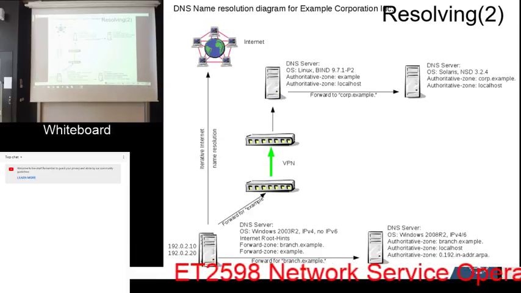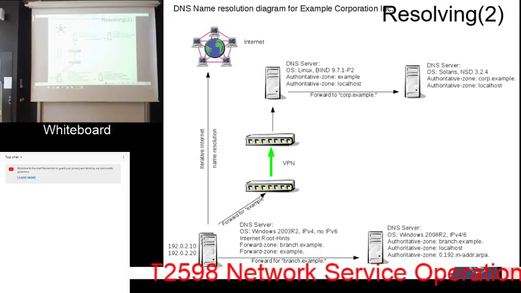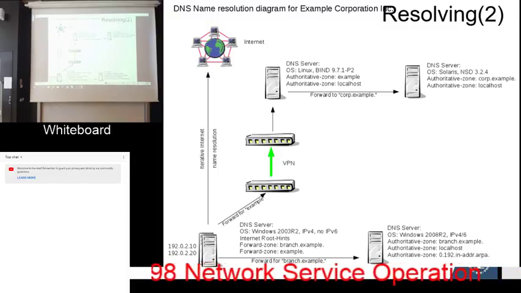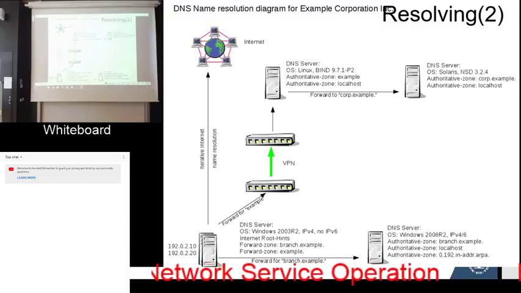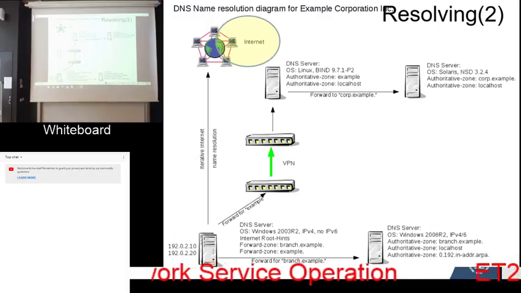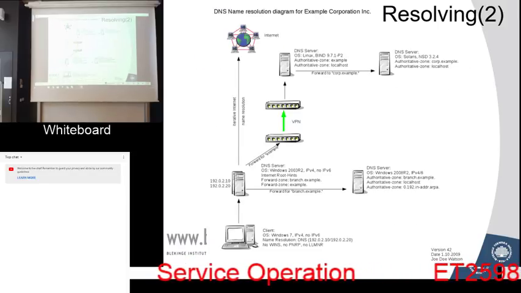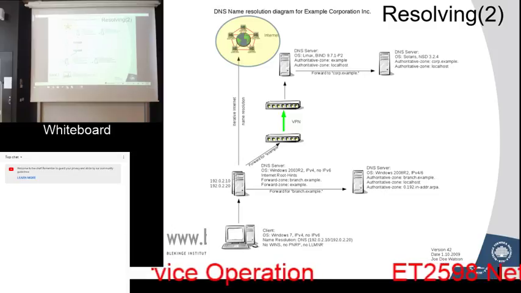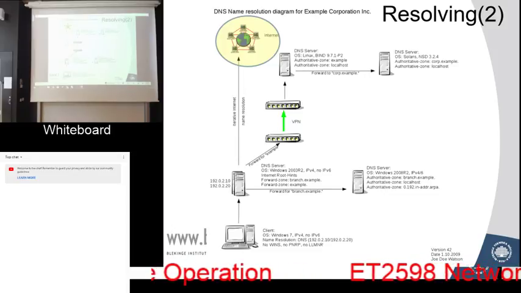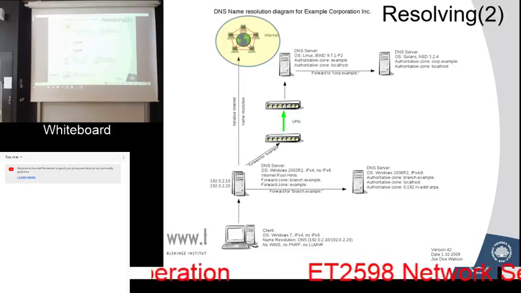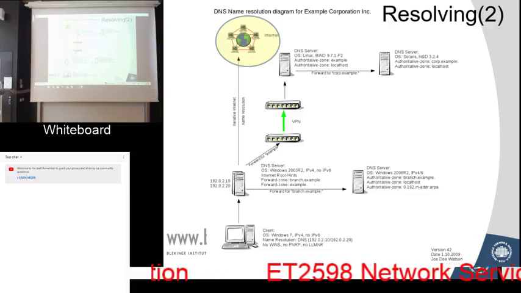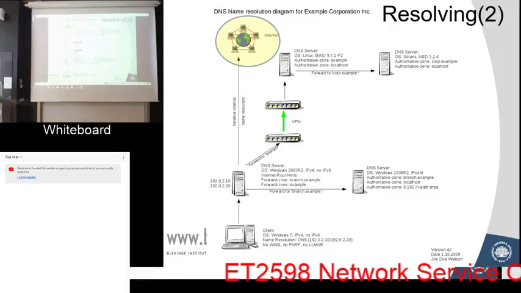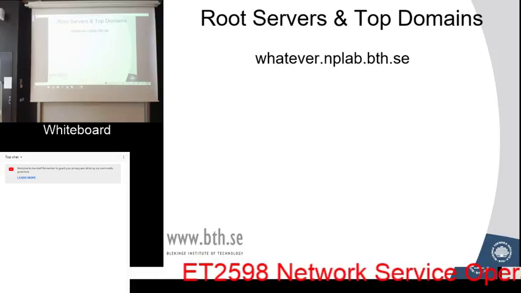So this is an example of a recursive lookup, as far as I remember. And anything that is not matching these domains would be handled by the internet.